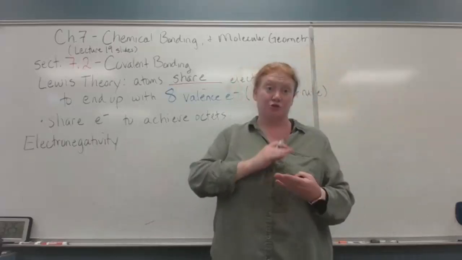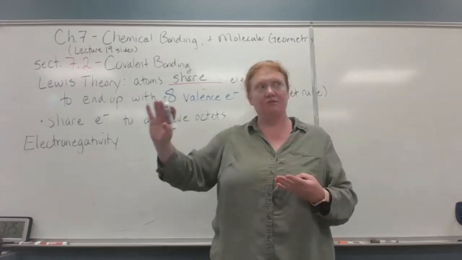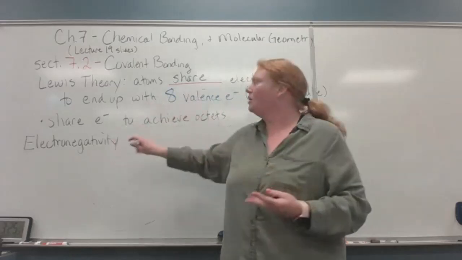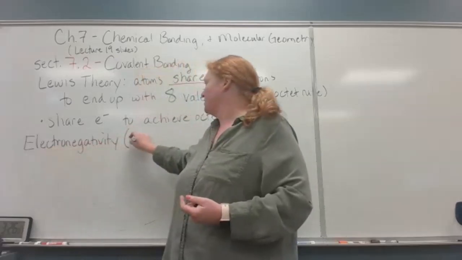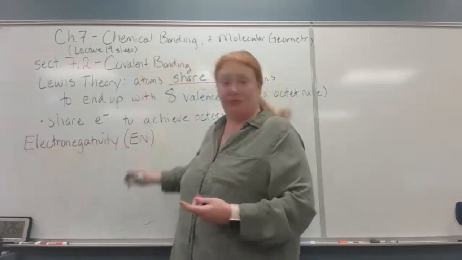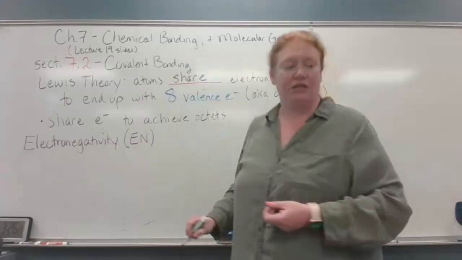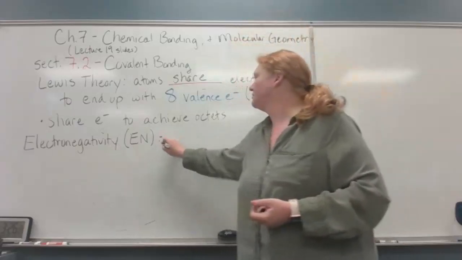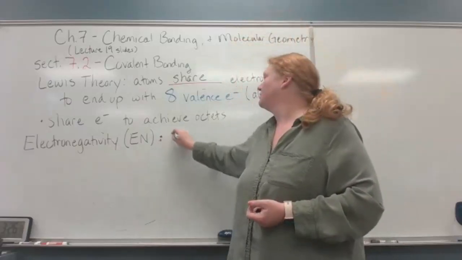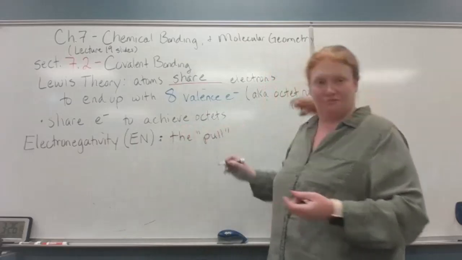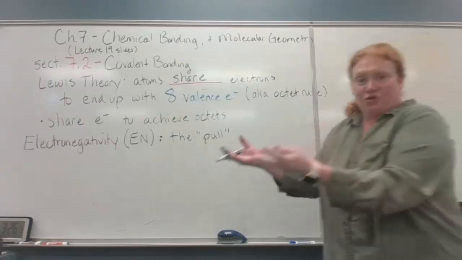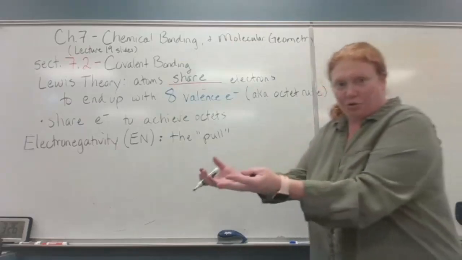Electronegativity is a periodic trend that you should have studied in the previous chapter, but just as a refresher, electronegativity, which I symbolize with just capital E, capital N, is the pull, or the attraction, but I like to say the word pull.